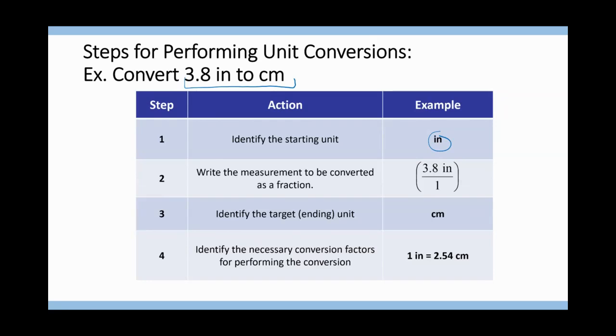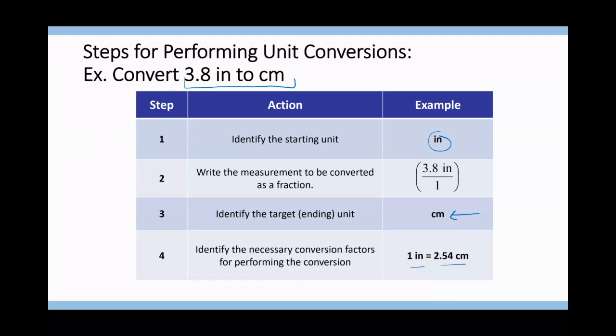So 3.8 inches over 1 is equal to 3.8 inches. And then we look for the target or the ending unit, in this case centimeters, and we use the necessary conversion factors to perform this conversion. In some cases you only need one conversion factor, like 1 inch is 2.54 centimeters, and then you can convert inches to centimeters. In other cases, you need multiple conversions in order to get to your target unit.